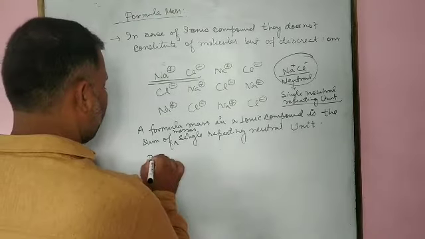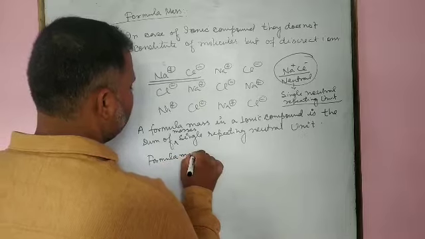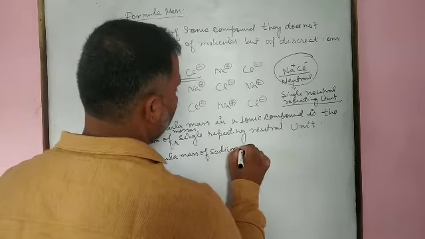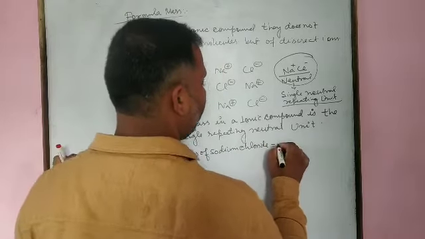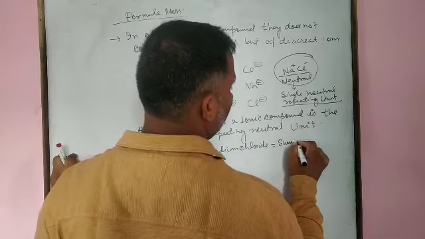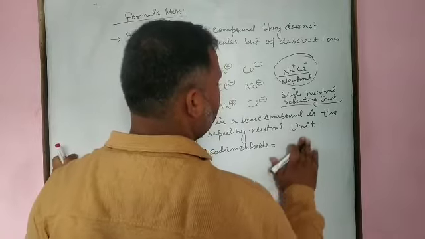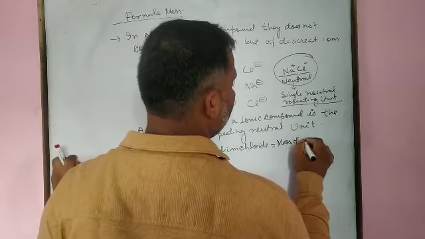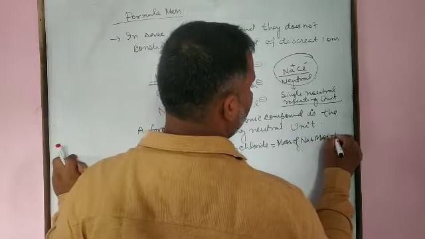It means the formula mass of sodium chloride is equal to the mass of sodium plus the mass of chlorine.